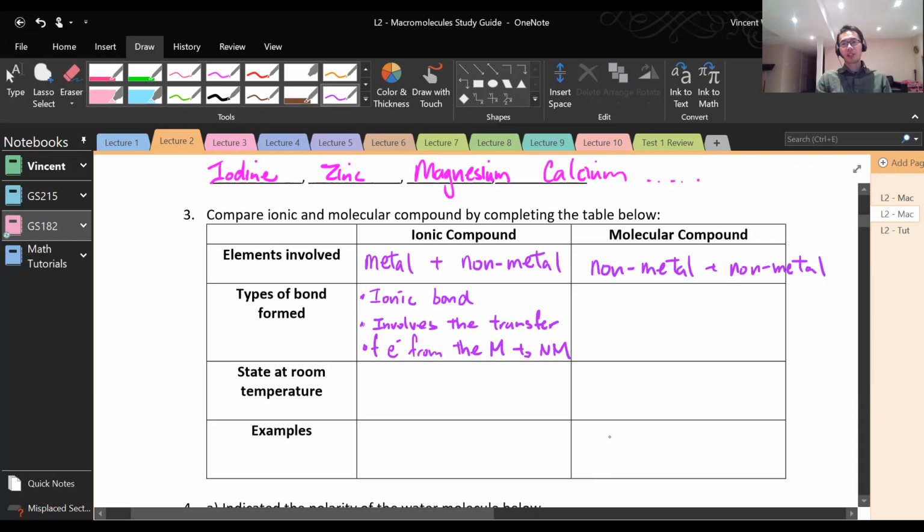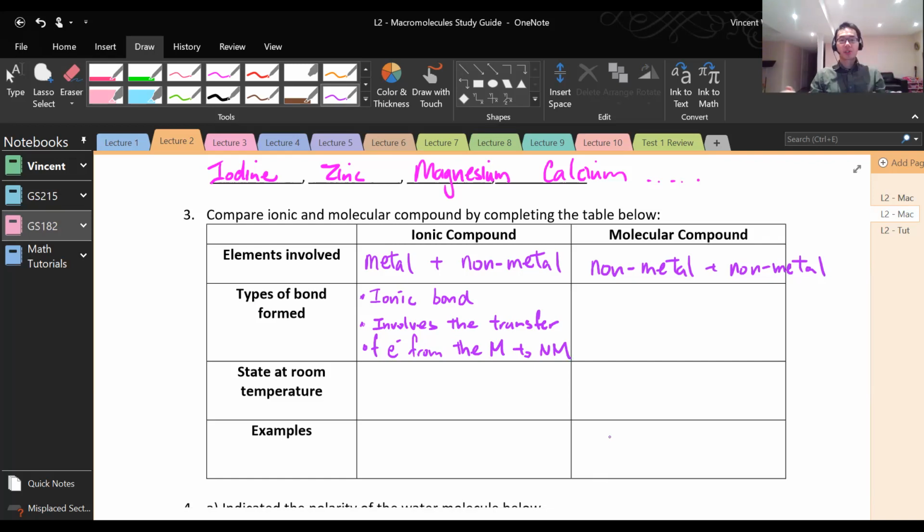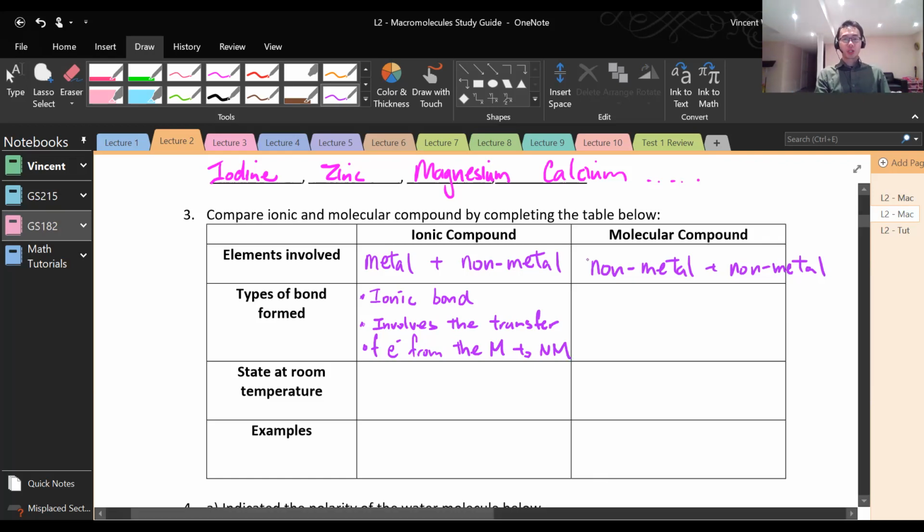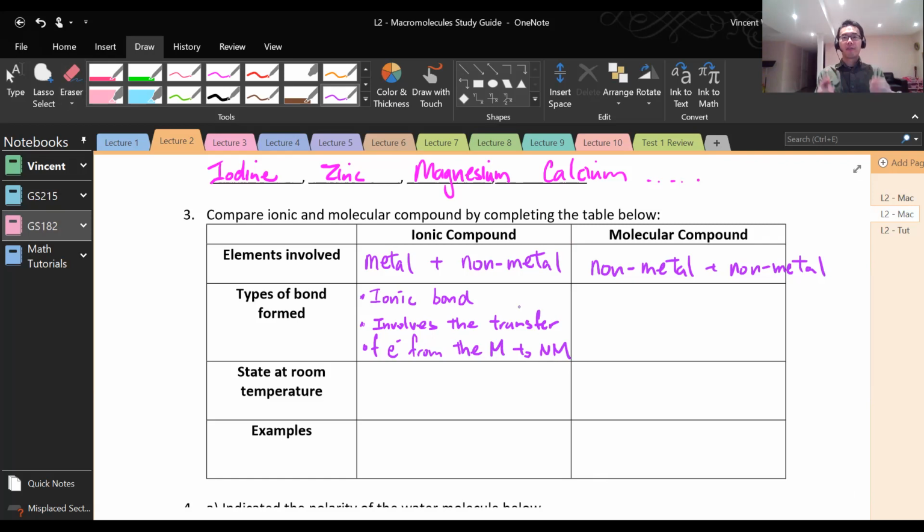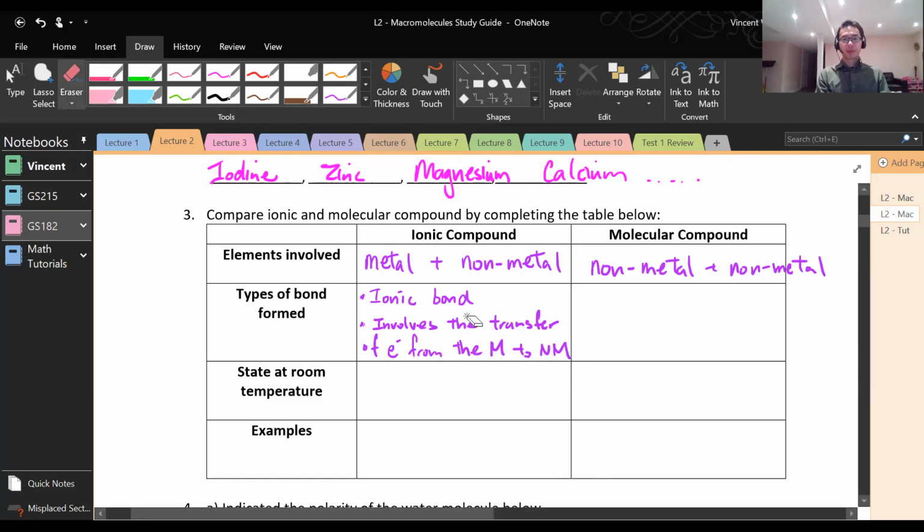You probably have learned this in chemistry class. Metals like to give off electrons to create a full valence shell, whereas non-metals tend to pick up electrons to create a full shell. So this is the perfect combination. When you have a metal and a non-metal together, the electron will go from the metal to the non-metal, and then they form an ionic bond.